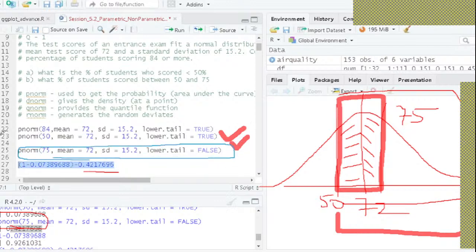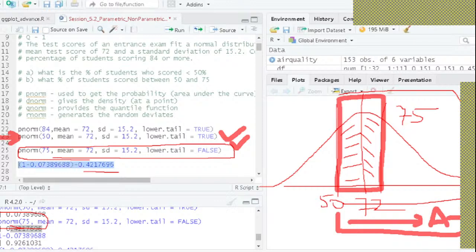I got this area as 0.0738, right? When I subtract this from 1, I get this entire area. Let's call it area A. Okay, Pradeep, Amatullah, did you get it? Area A, you got it?